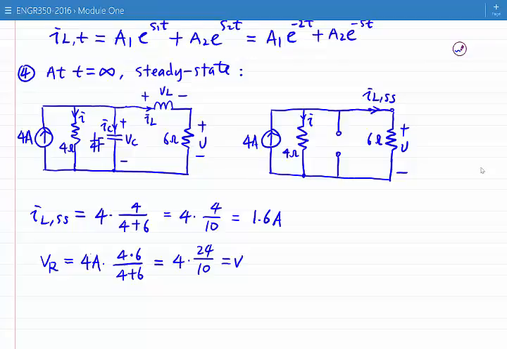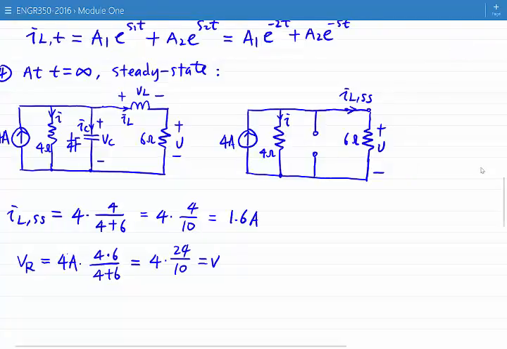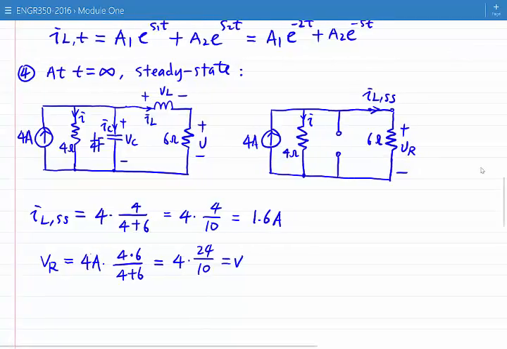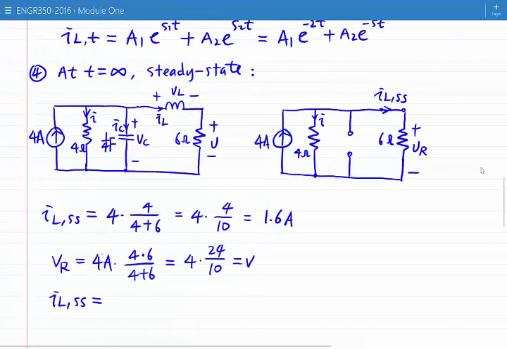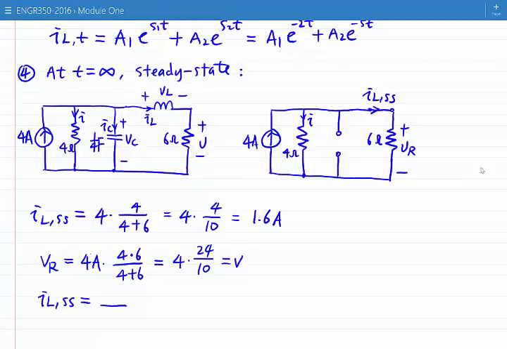If we know the voltage VR, the steady state current ILSS is equal to the voltage VR divided by 6 ohm. So it is 4 times 24 divided by 10, divided by 6, which gives us the same result. So it is 1.6 amp.